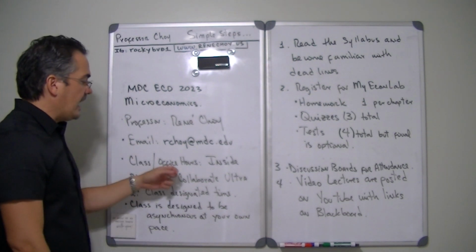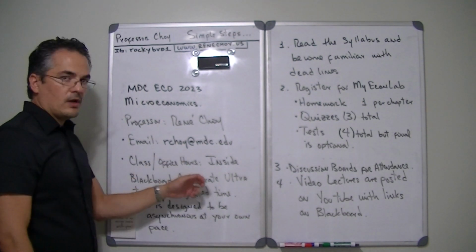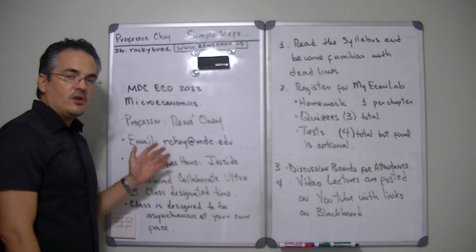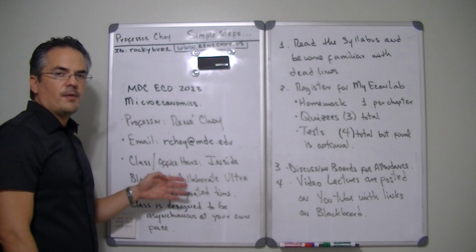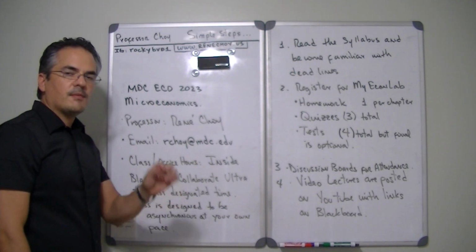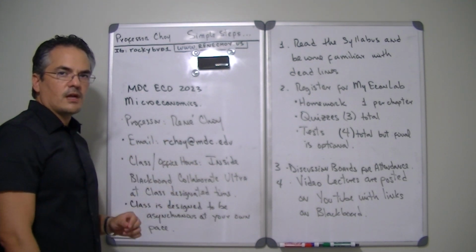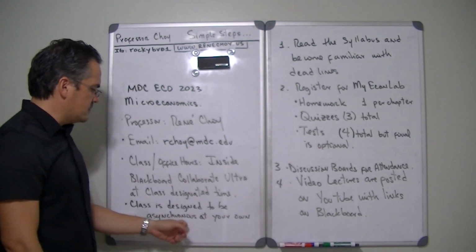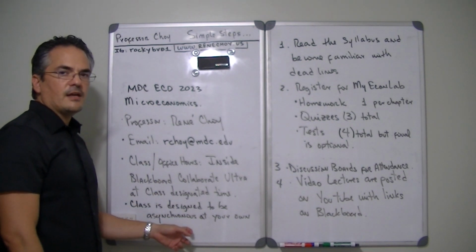I will be available inside of Blackboard Collaborate Ultra for any questions or comments, but you don't have to attend every time at the day and time designated for your class because the class is designed to be asynchronous and at your own pace.